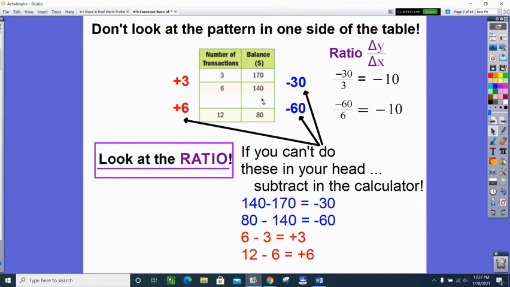Now I'm talking 80 minus 140 would be negative 60, and 12 minus 6 is 6, and I'm still getting a negative 10, and this would still be linear because the rate of change, oh, by the way, slope, remained the same. If you can't do those in your head, use your calculator to calculate the numbers that I'm showing here. And you have to look at the ratio, not just what the numbers are doing on either side.